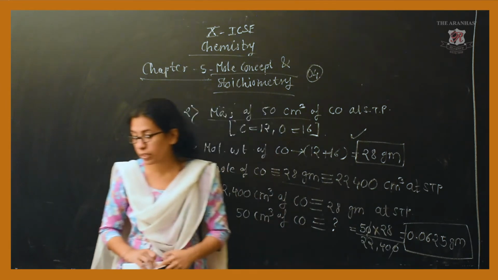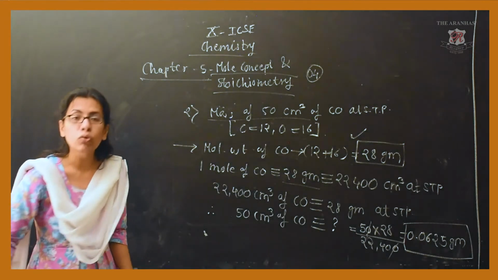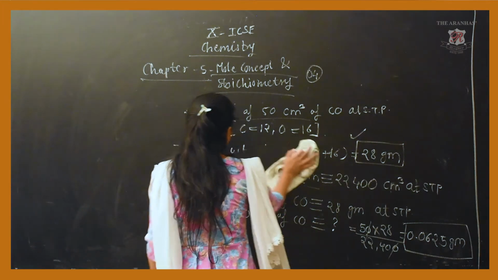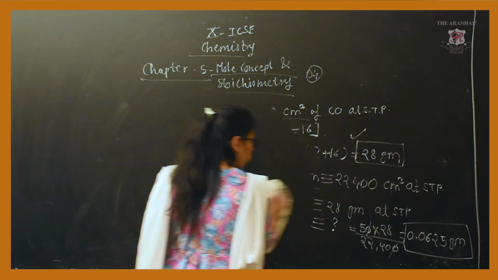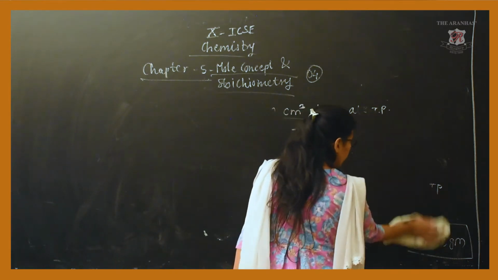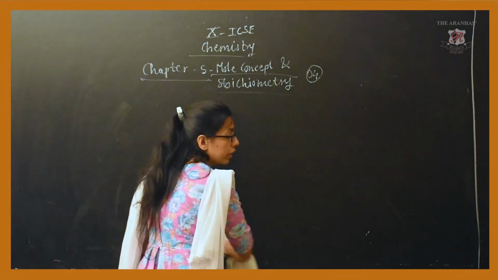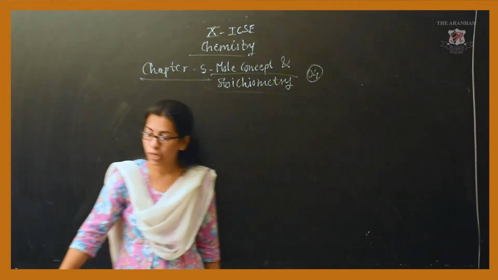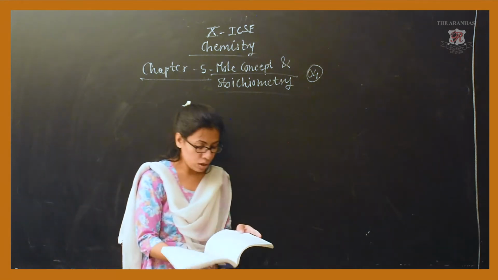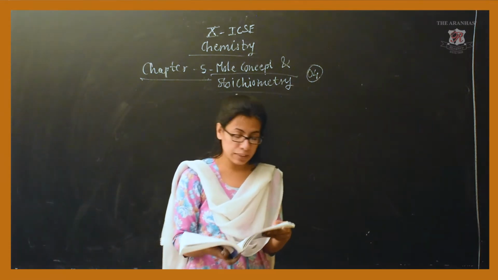Right? These are very easy numericals. You are only supposed to keep in mind the relations among moles, number of molecules, molecular weight, and molar volume, of course at STP. Now, let us go to the next one.